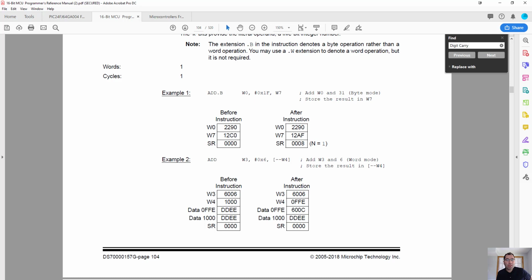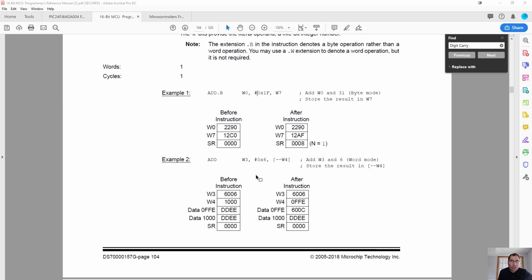Let's look at this one now. Here we add W3 with the literal 6 and store the result here, right? Same explanation: add W3 and 6 in word mode, and store the result using indirect addressing, pre-decrement W4. This is before and this is after.